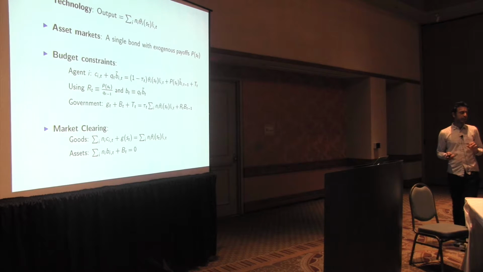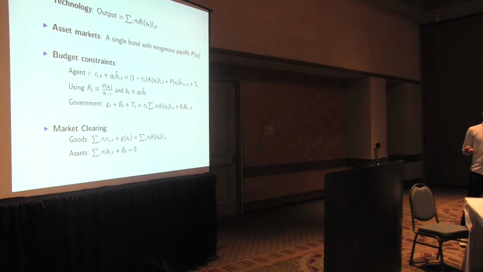It is going to be convenient to write this budget constraint in returns. So what I call returns would be the payoffs divided by the price of the security in T minus 1. And instead of B tilde, which is the face value, I'm going to call BT the price of the asset times B tilde. It's like the market value of assets.